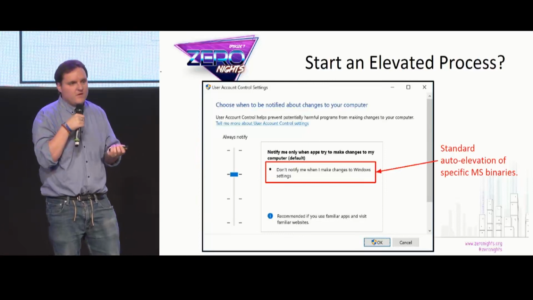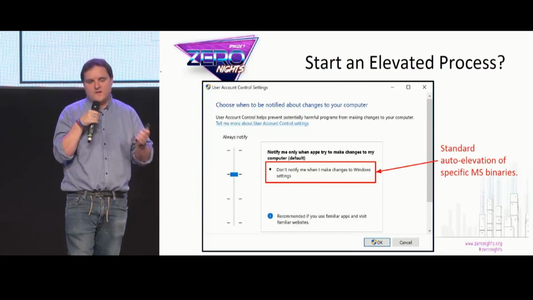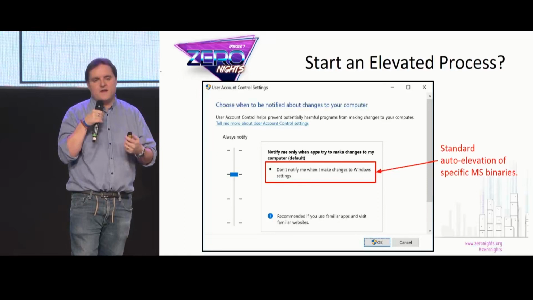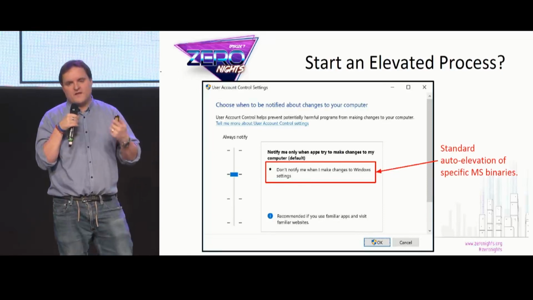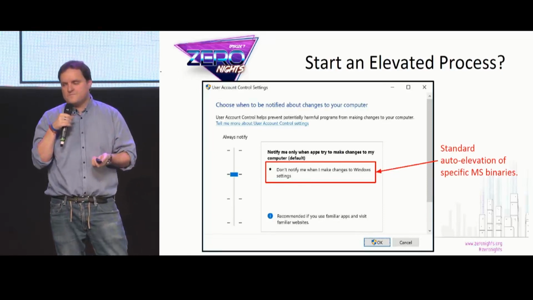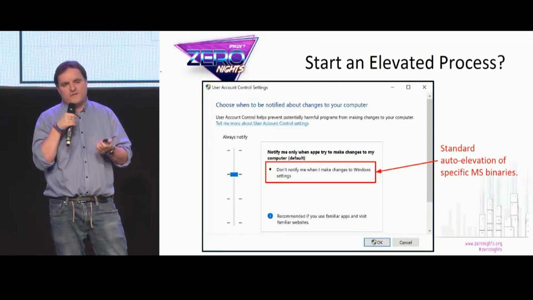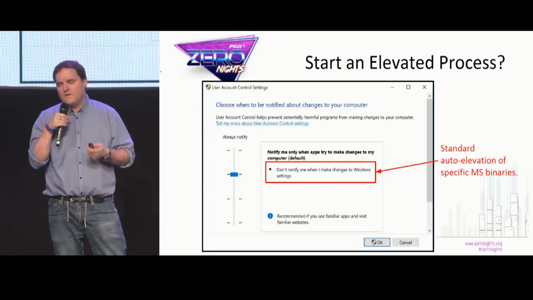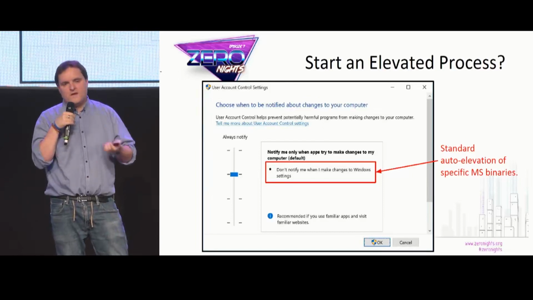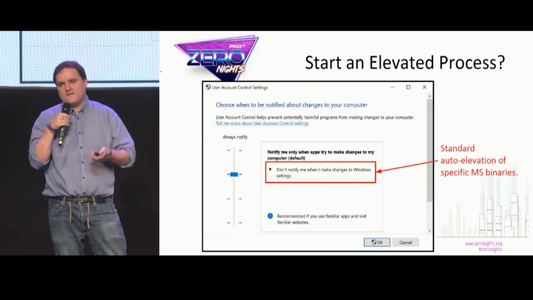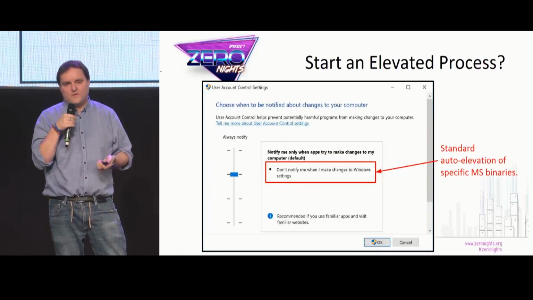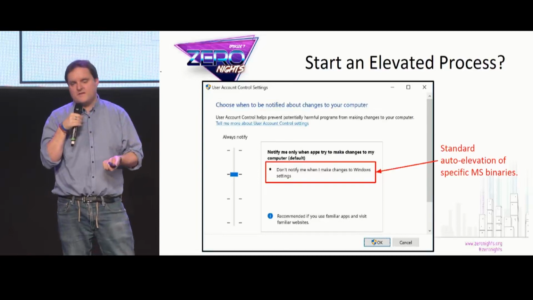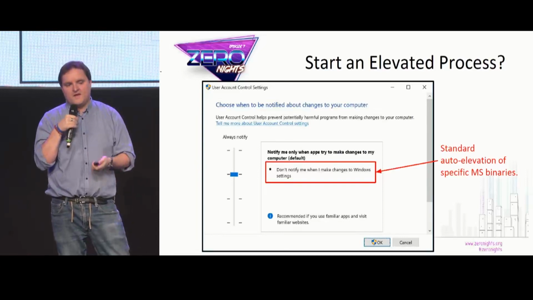And the auto-elevation policy is the default setting for UAC, and it basically says, if you are a Microsoft binary with a certain manifest which says auto-elevation true, I'm going to allow that process to be elevated without prompting the user. And at that point, all you need to do, as an attacker, is elevate one of those auto-elevation applications and you get an elevated process, at which point this whole chain of attack can now proceed.